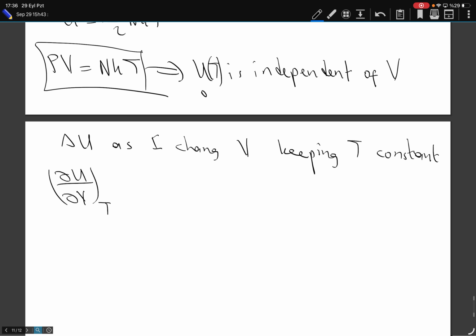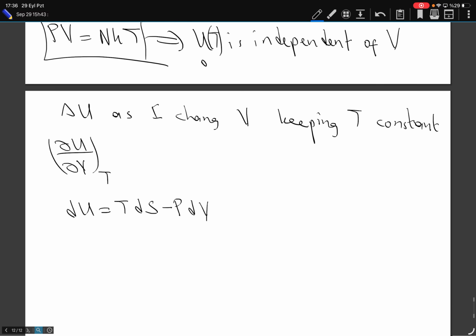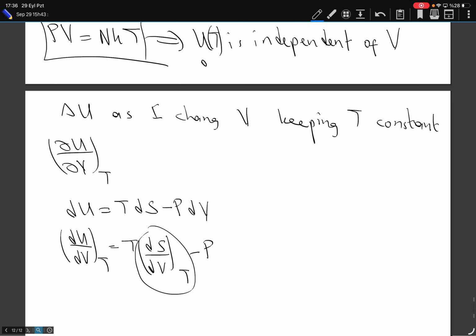Well, I know what dU is. This was TdS minus PdV. Let me divide both sides by dV, keeping temperature constant. Minus P. But I have already seen what this is equal to.